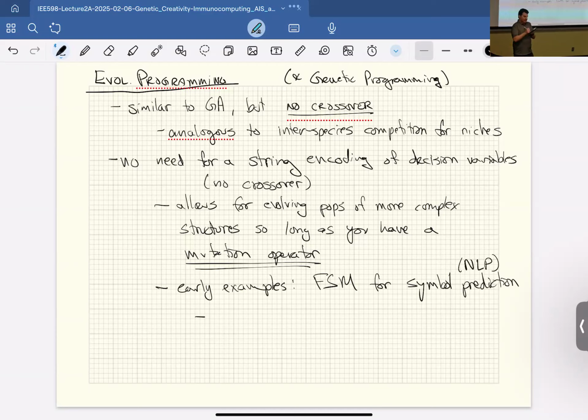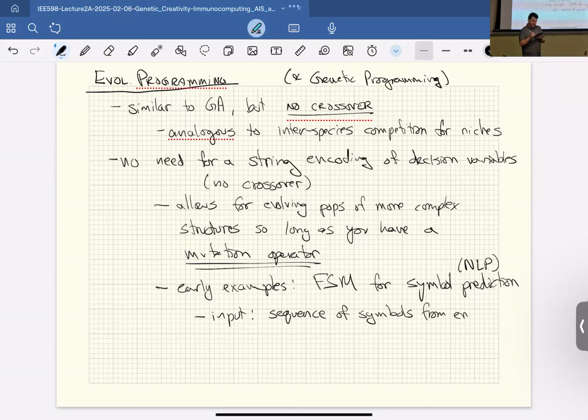The idea here is that these were FSMs, but imagine that you have an input, which is a sequence of symbols, words, if you will, from the environment.